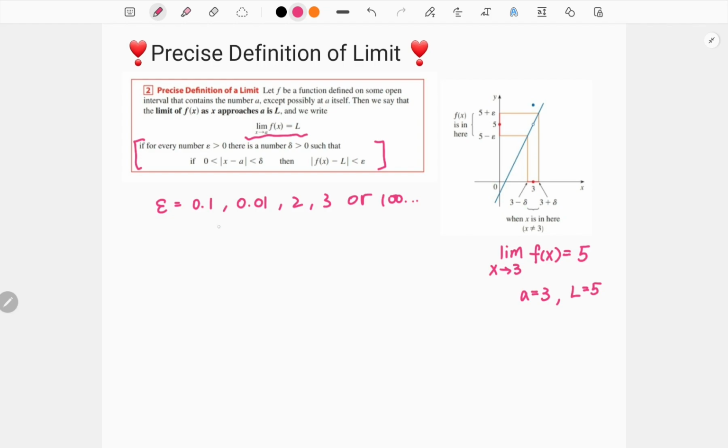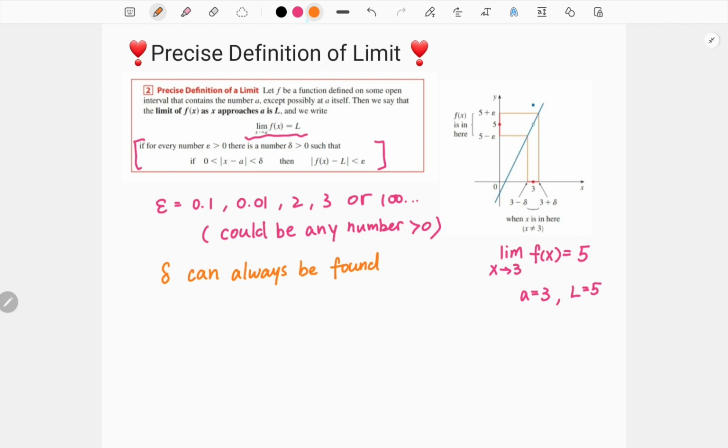It could be any number. I can always find a delta so that the following conditions are satisfied.